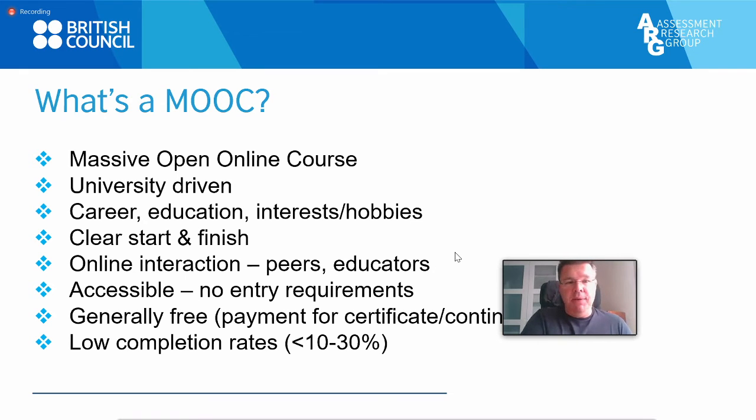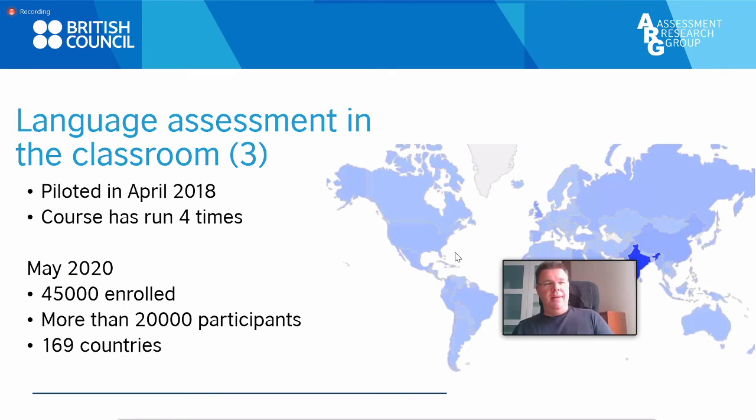As I say, they're mainly free. However, because of that, lots of people sign up, as we know, and then don't turn up. So the number of people who actually finish any course is very small. But that's because naturally lots of people sign up thinking, well, maybe there's a chance I'll do this course, maybe, and then they find out they don't have time and they don't go there.